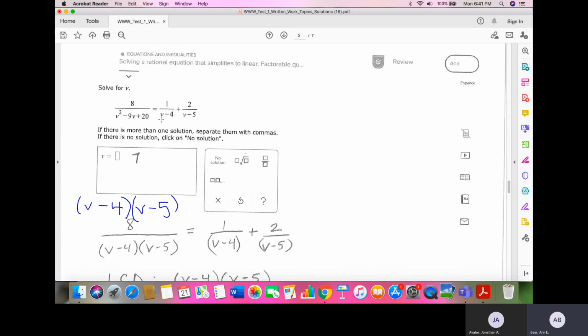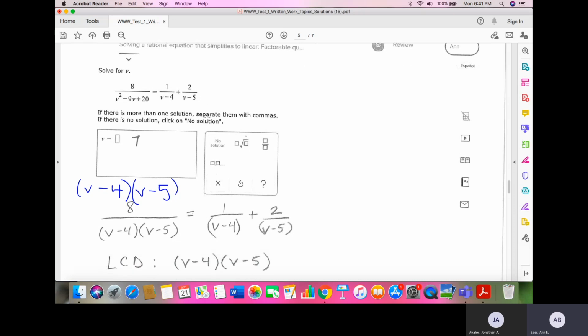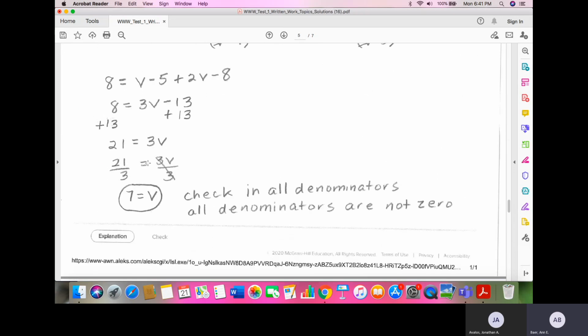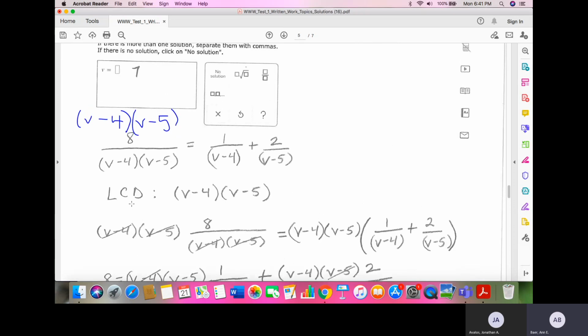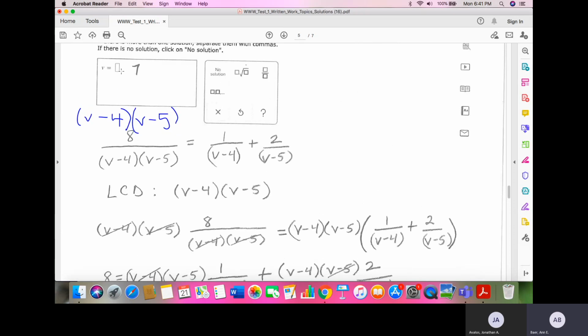We go back up here. 7 minus 4 is okay, it is not 0. 7 minus 5 is not 0. The denominator is just made up of these factors, so you're not going to get 0 in the denominator in this situation. So the answer is v equals 7. And Alex just wanted, they gave you the v equals, so they just wanted 7 in the box.